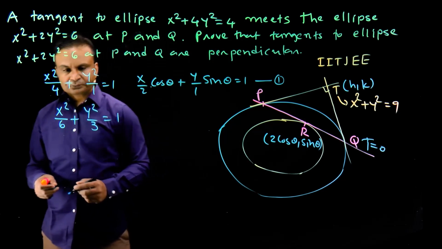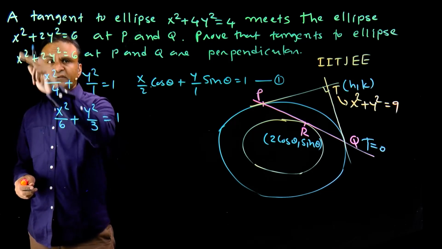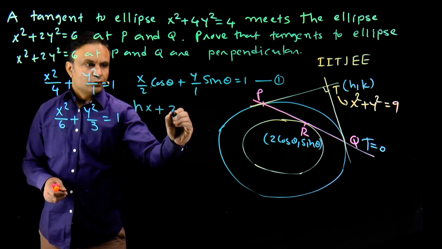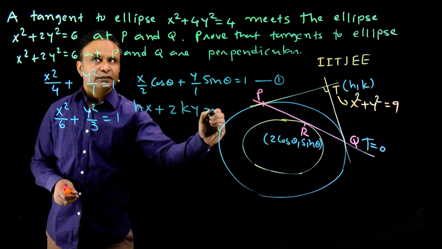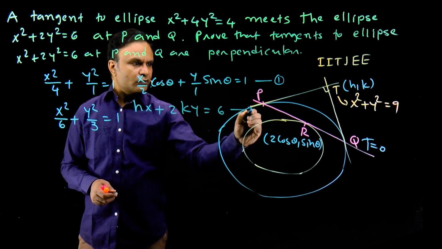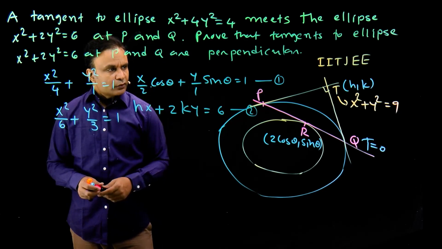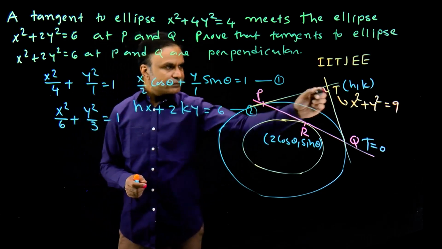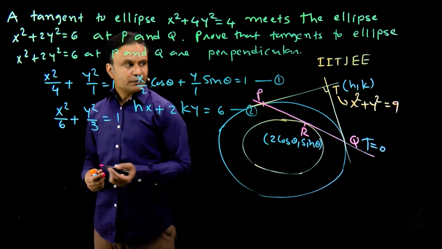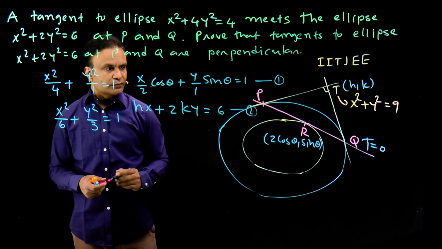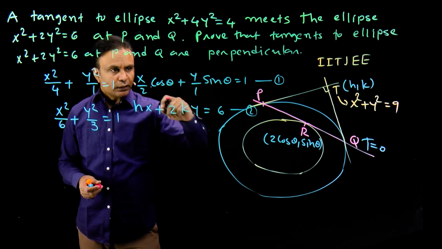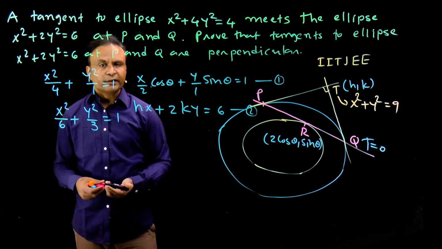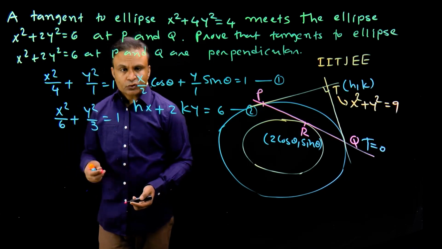With respect to this ellipse, we have hx plus 2ky is equal to 6. This is chord of contact. We get chord of contact by replacement method. X square we replaced by hx, y square we replaced by ky in this equation of ellipse. Now these two equations represent same straight line PQ. So what do we do? We compare ratio of coefficient.